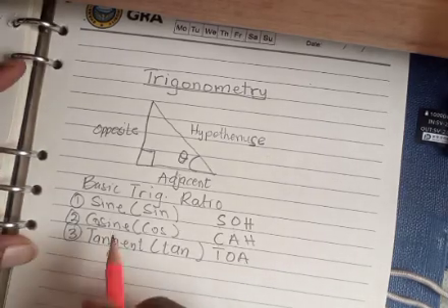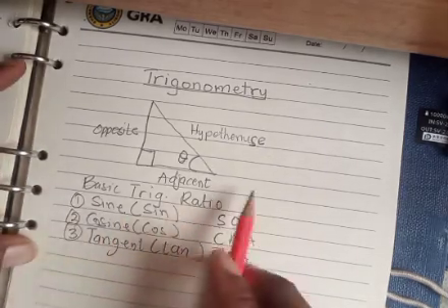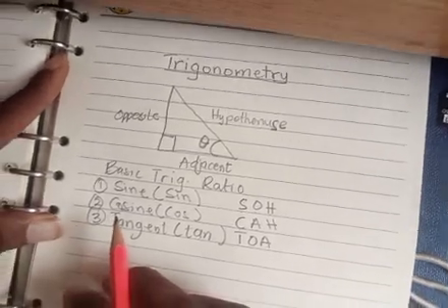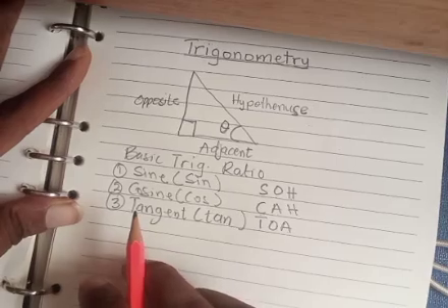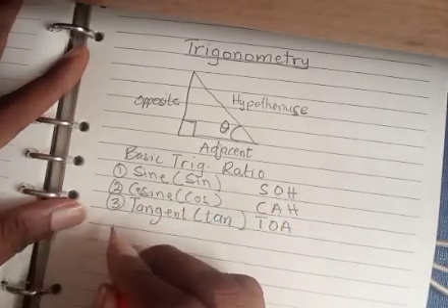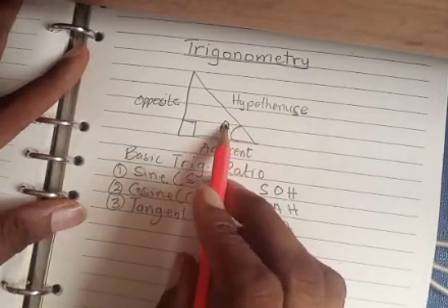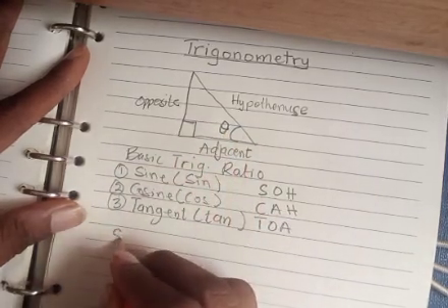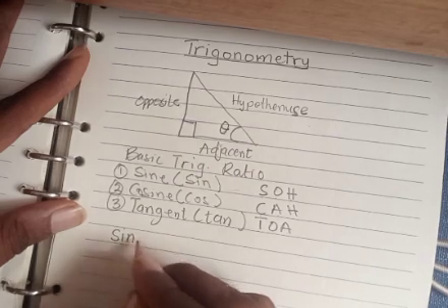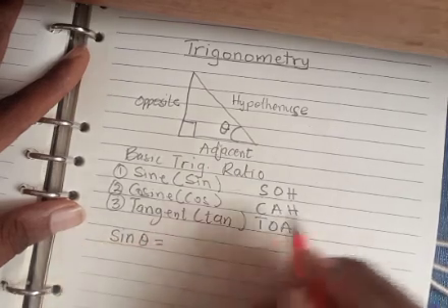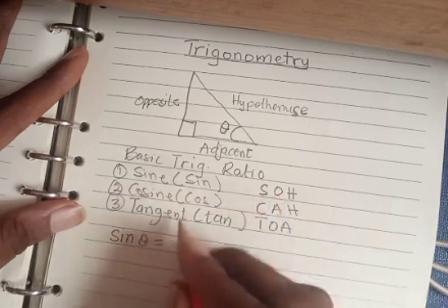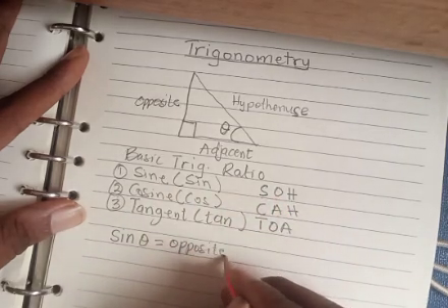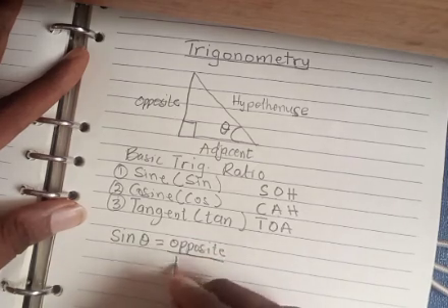Now we want to get ratios that we will be using to solve problems. Are you here? Good. So what do I mean? Using the theta here, sine theta will be equal to opposite divided by hypotenuse.